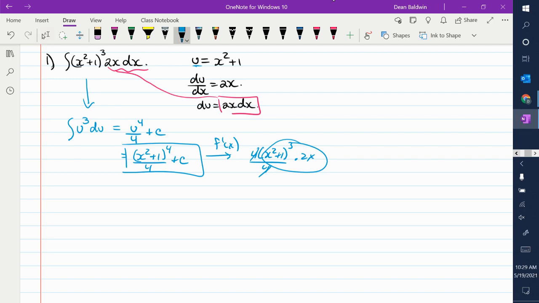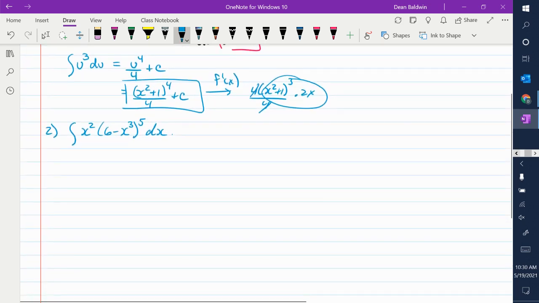Number 2. Integral x squared times 6 minus x cubed, all to the power of 5 dx.